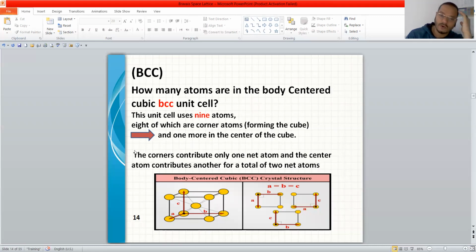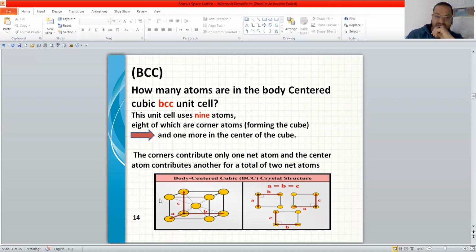Like I said before, the corners contribute only 1 net atom, and the center atom contributes another 1, a total of 2 net atoms.